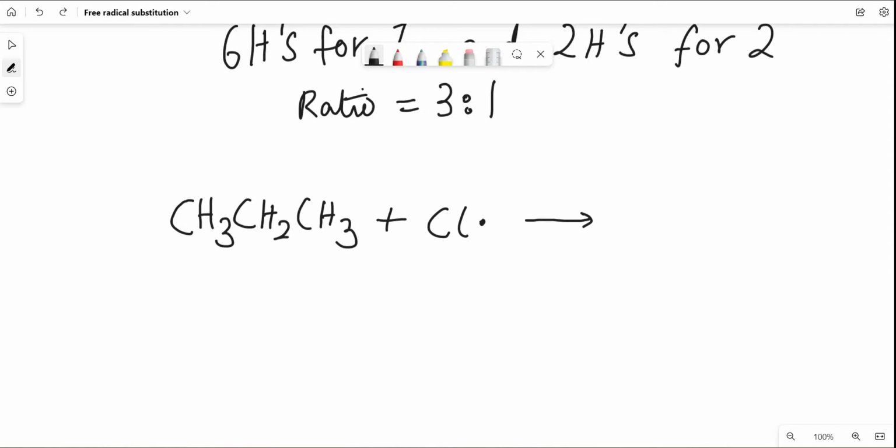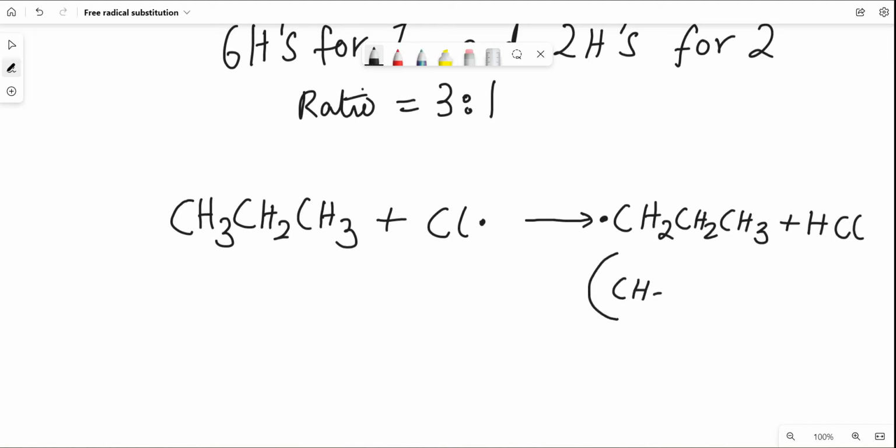And for example, we could get CH2 radical, CH2, CH3 plus HCl. Or we could also get, the interesting part, CH3, CH radical, CH3 plus HCl.